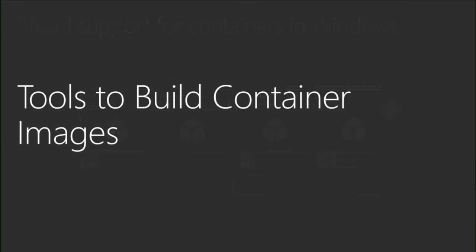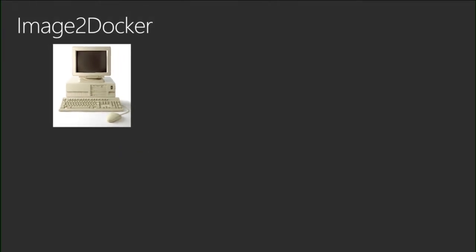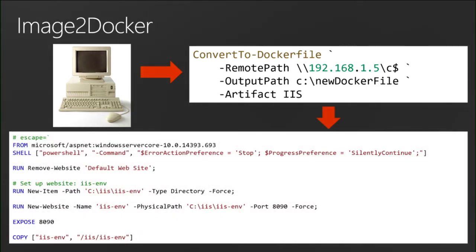So there's a couple of tools that we can use as we think about how to build these images. Image to Docker being certainly one of the ones that I use a lot. We talked about it in the demo. What Image to Docker does is it takes an existing machine, you run this convert to Dockerfile command against it, and give it some information about what you want to convert, and it will give you a Dockerfile.